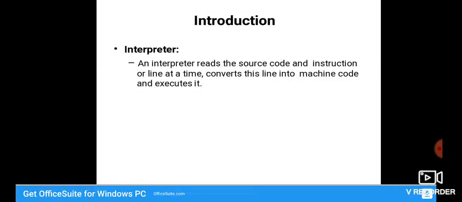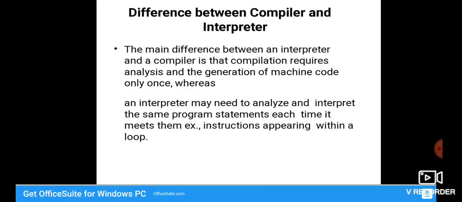As you can see in this slide, an interpreter reads the source code, an instruction or line at a time, converts this line into machine code and executes it. Now let's talk about the difference between compiler and interpreter. The main difference is that compilation requires analysis and the generation of machine code only once.